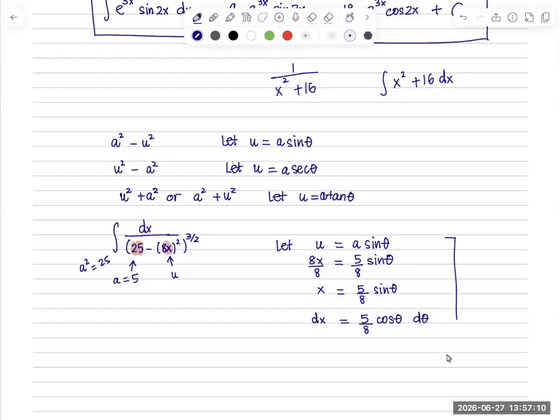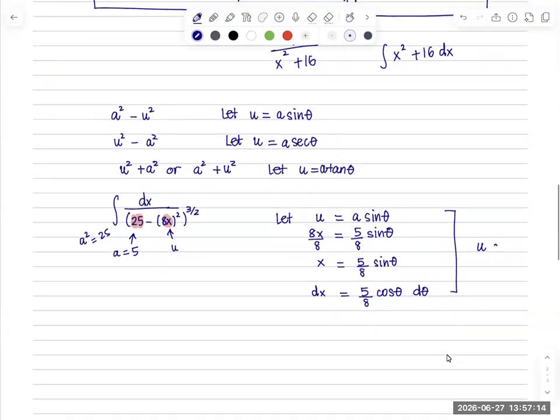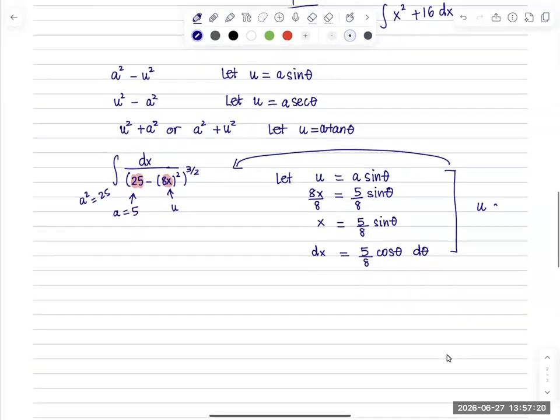So this is my dx part, and now I'm going to substitute back into my original integral. The dx now becomes this stuff right here.